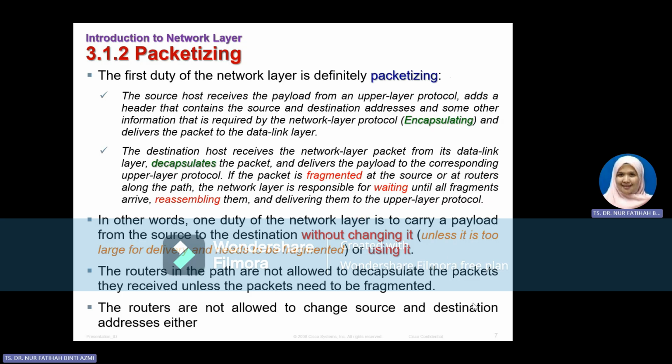Here the routers are not allowed to decapsulate or modify the source or destination address. So they can only fragment if necessary. That's why packet integrity is important.